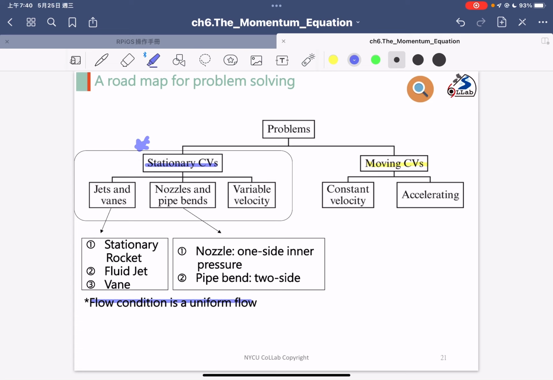The final exercise we will discuss is when the flow is non-uniform. If our flow is non-uniform, how can we deal with the problem by applying the momentum equation?